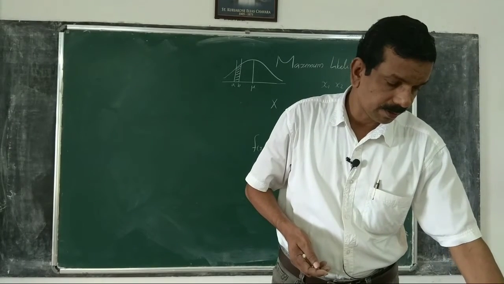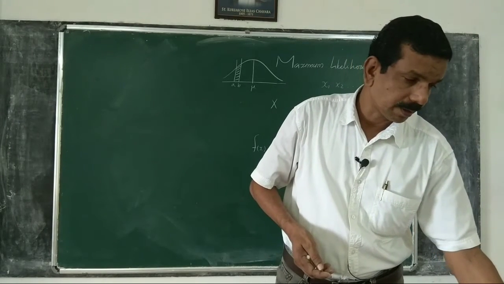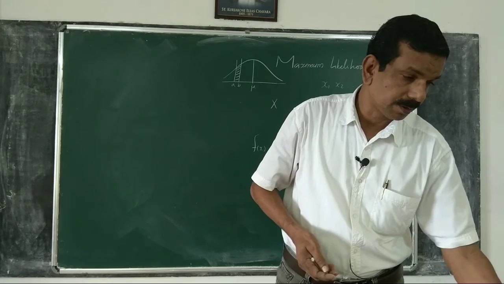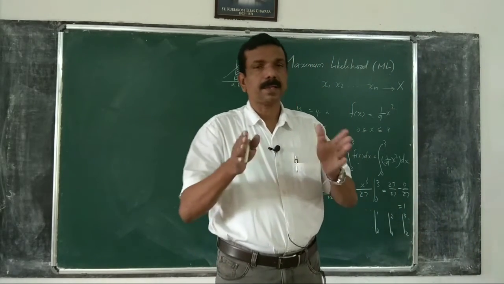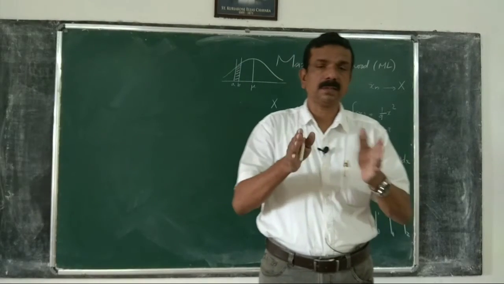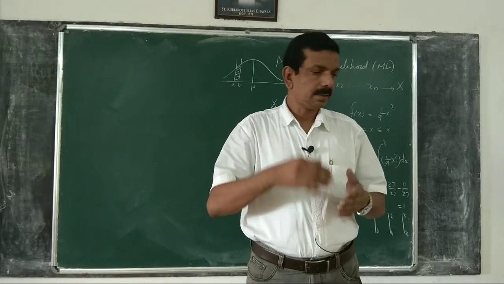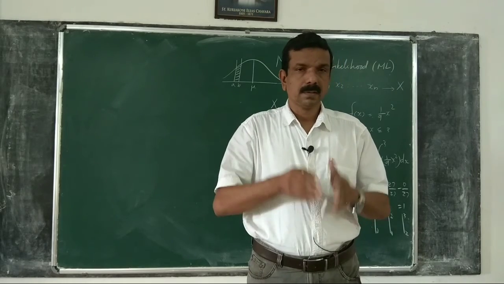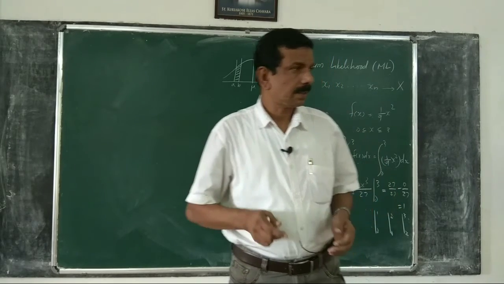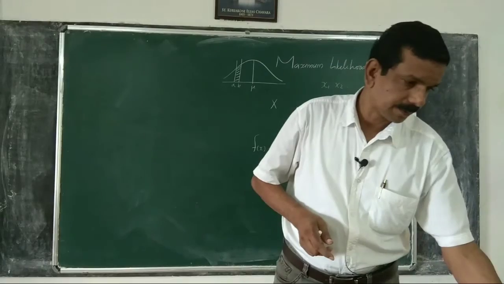If the parameters are unknown, we take a random sample from the known distribution and estimate the parameters using the method of moments. Another method is the method of maximal likelihood, and it is like this.